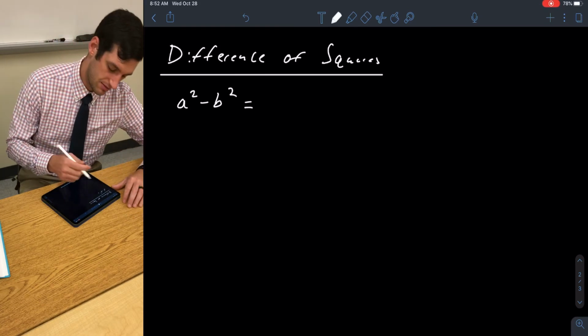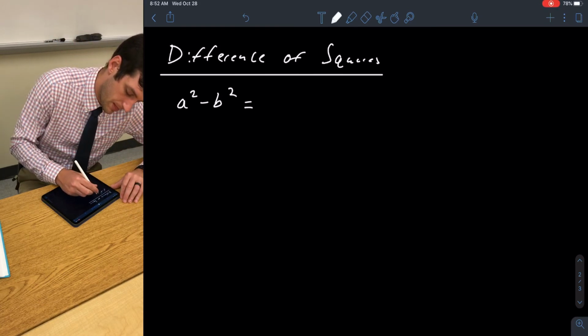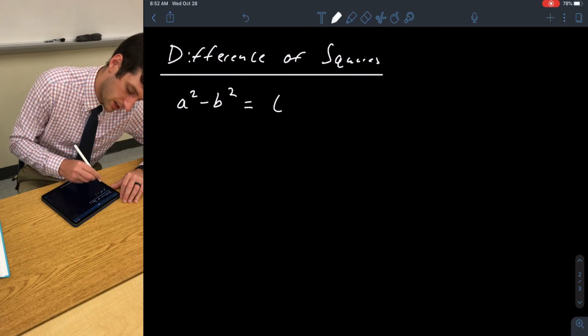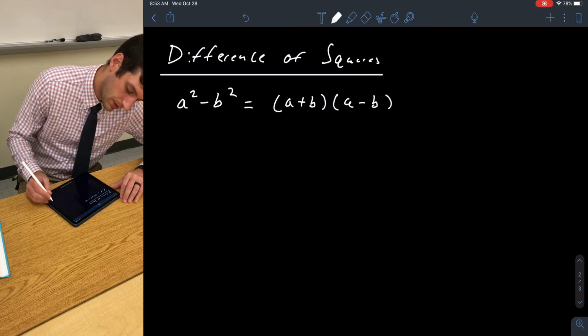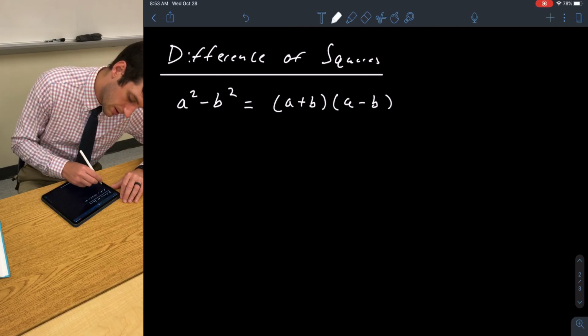But for this, we don't have to make it a trinomial. So a squared minus b squared equals a plus b times a minus b.